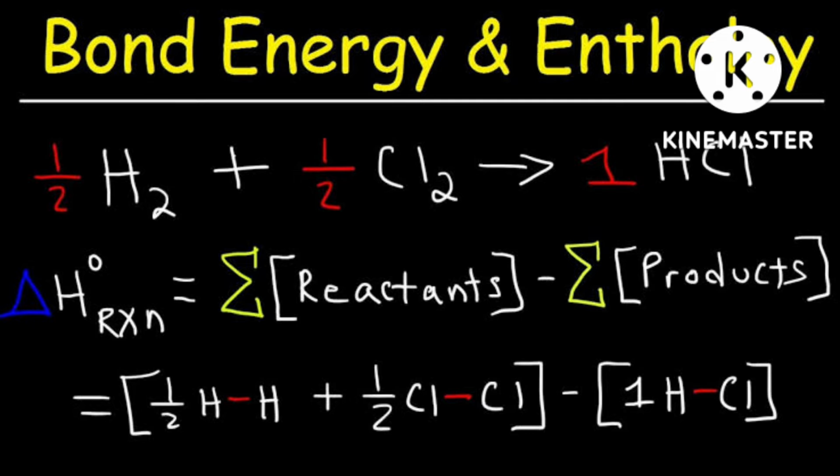This is called heat of atomization or enthalpy of atomization. Okay, it is the enthalpy change on breaking 1 mole of bonds completely to obtain atoms in the gas phase.